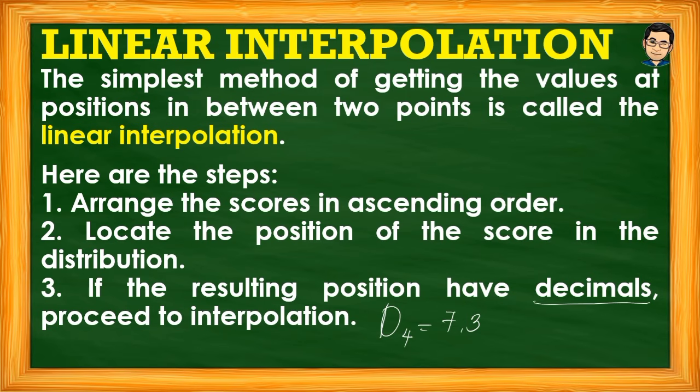That is the time we can use the interpolation method. But if the value of D sub 4 is 7, it has no decimal. It is exact, so we do not need linear interpolation, because we will only look for the 7th data. That will be the value of decile 4.